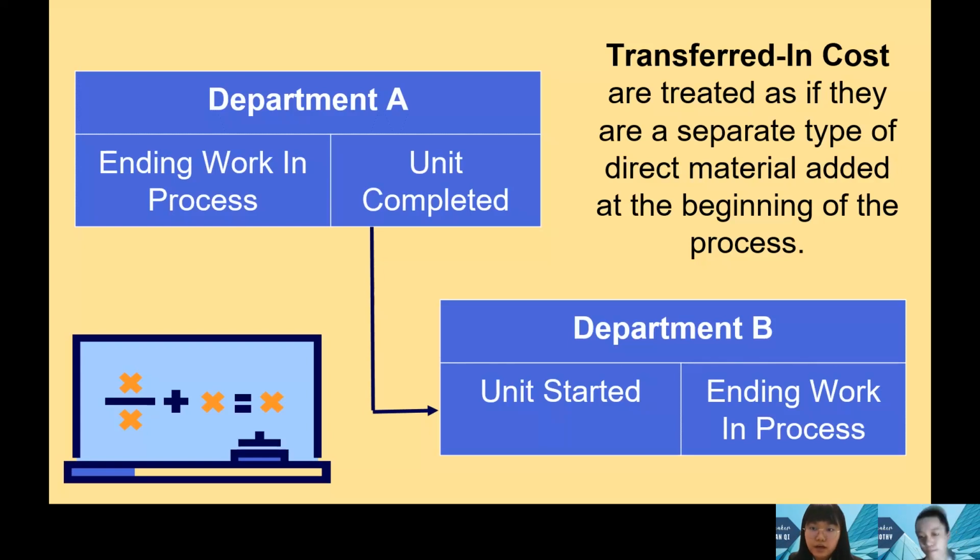The transfer in cost is equal to the units started in Department B. As a result, transfer in costs are treated as if they are a separate type of direct material added at the beginning of the process.